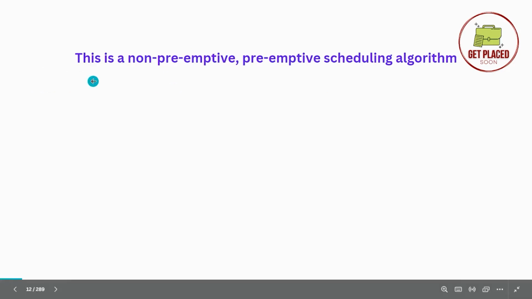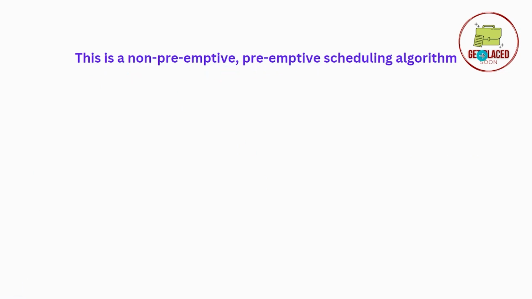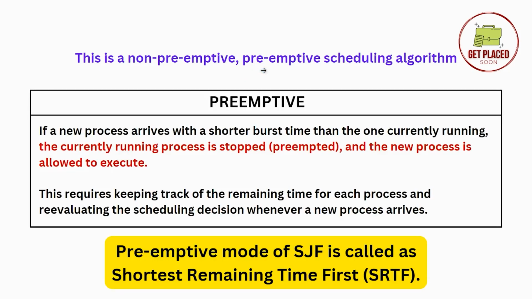Moving ahead, shortest job first can be both a non-preemptive and a preemptive scheduling algorithm. Let's recall how preemptive and non-preemptive work in SJF. Getting started with preemptive: if a new process arrives with a shorter burst time than the current one running, then, as I said, preemptive can interrupt the running process. The currently running process is stopped, and the new process is allowed to execute.